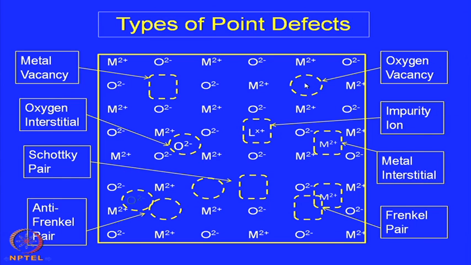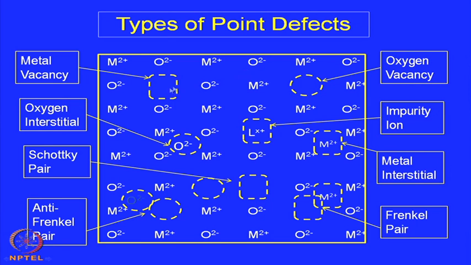So, this is the missing oxygen. Ideally there should have been an oxygen ion, but for some reason or other that oxygen is missing, and therefore, that defect is designated as oxygen vacancy.